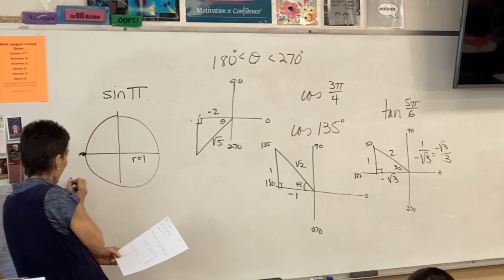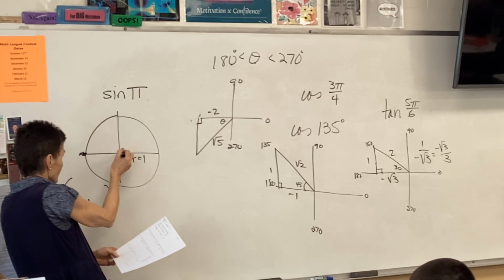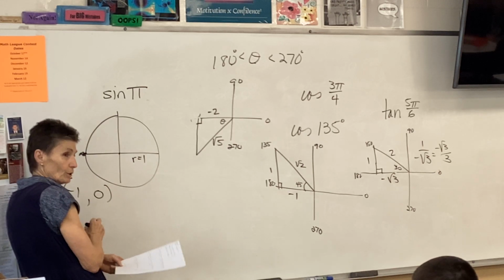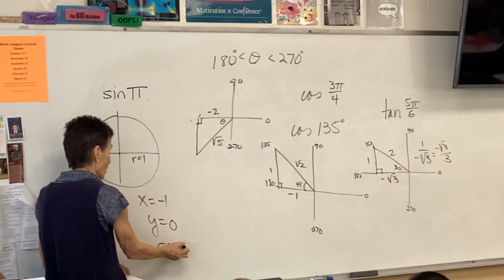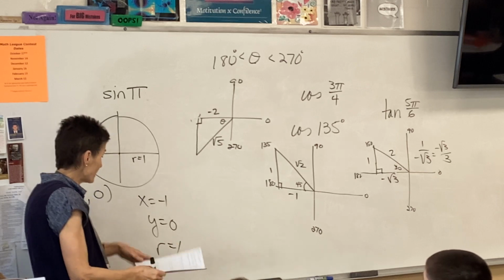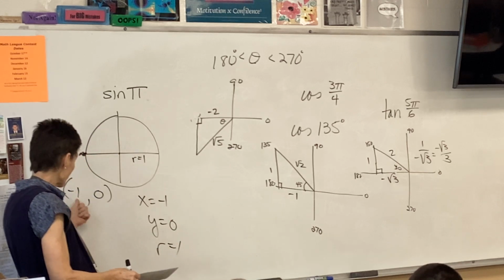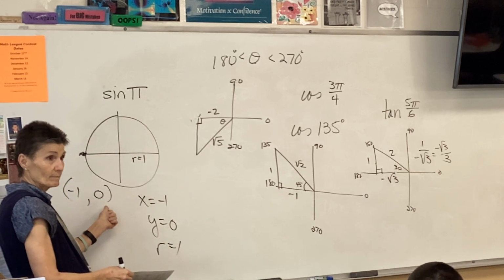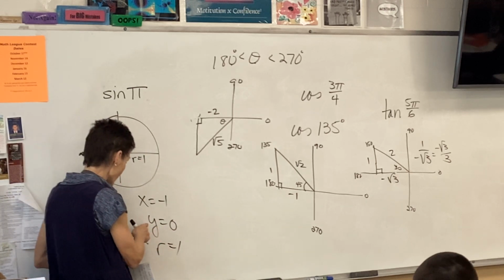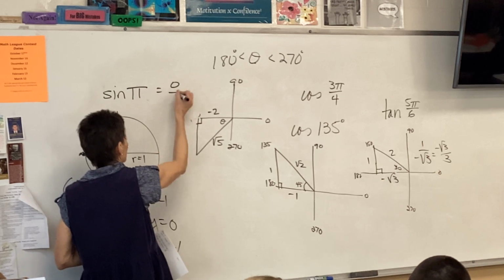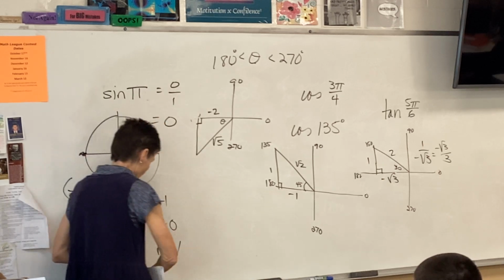And what is my point then over here? -1, 0, good. Which means x is -1, y is 0, and r is 1. You don't need to write that down, but it might help you. That's your x, that's your y. What's sine? Y over r. So the sine is 0.